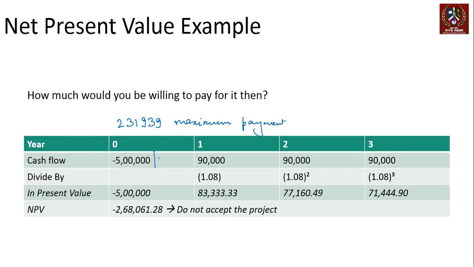So instead of 5 lakh, if you put 231,939, your NPV will become 0, right? If you are able to pay anything lesser than this, assuming everything that is there, then the project gives you a positive net present value, and that is when you would accept the project, right?